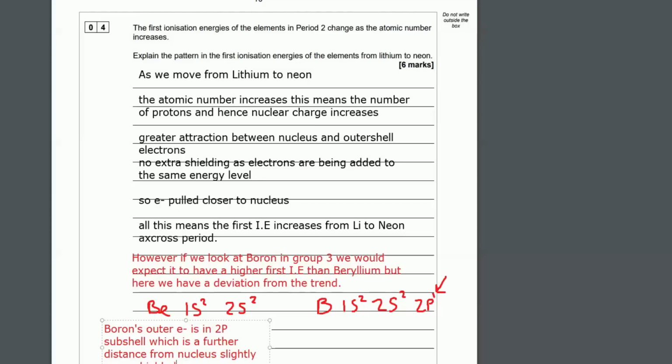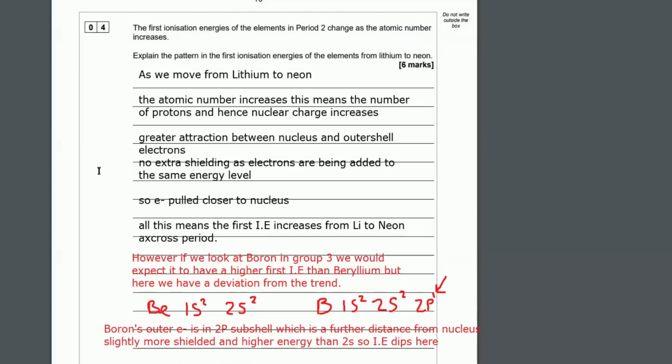So once again, the reason why boron and beryllium don't fit the general trend of an increase in first ionization energies is because the boron electron is being removed from the 2p subshell that is slightly further from the nucleus and at a higher energy level. And that is why it has a lower first ionization energy than beryllium.